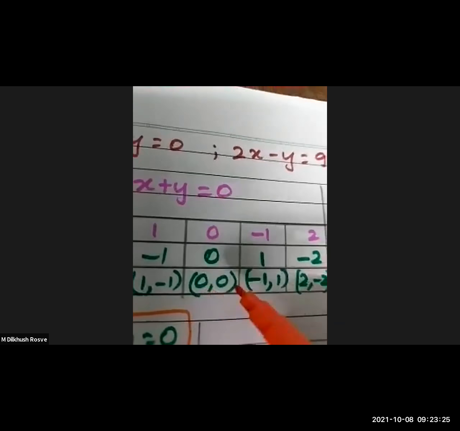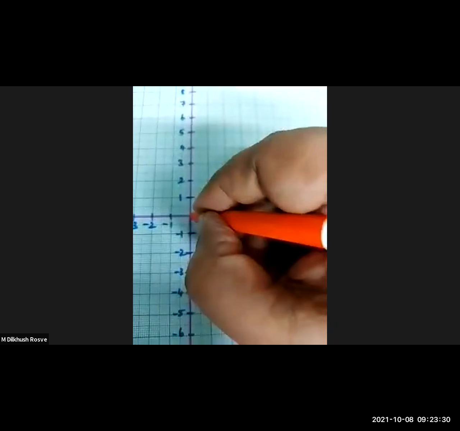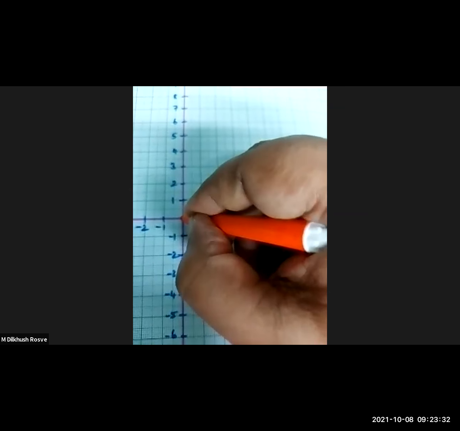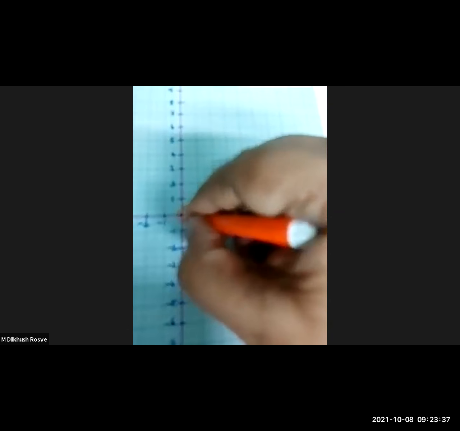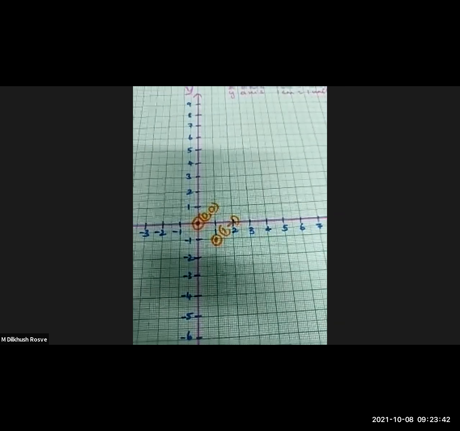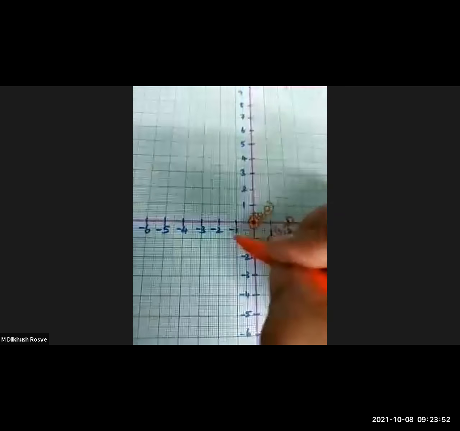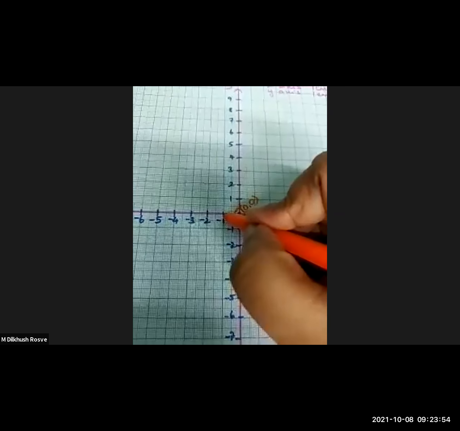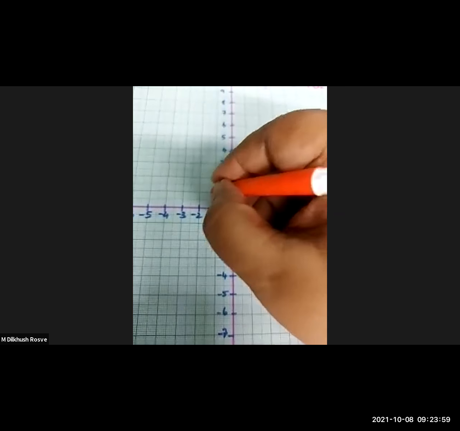And what will be the next one? 0 comma 0. So how will we mark here? It will be the origin. Yes. What is the third point? Minus 1 comma 1. Minus 1 is where? See here, minus 1 and 1 is here. Minus 1 comma 1 means you will get over here.